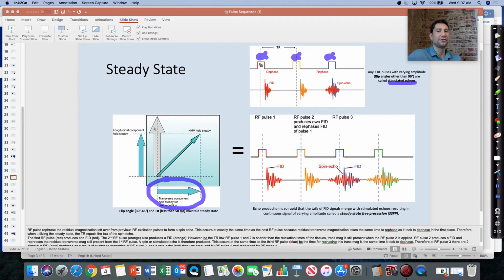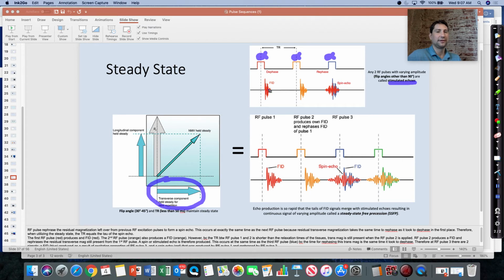So you have your first RF excitation pulse, which is less than 90 degrees. You get your free induction decay. You have a really short TR period. Then you have your second excitation pulse. You get another free induction decay. But this second excitation pulse actually regrows your first free induction decay.